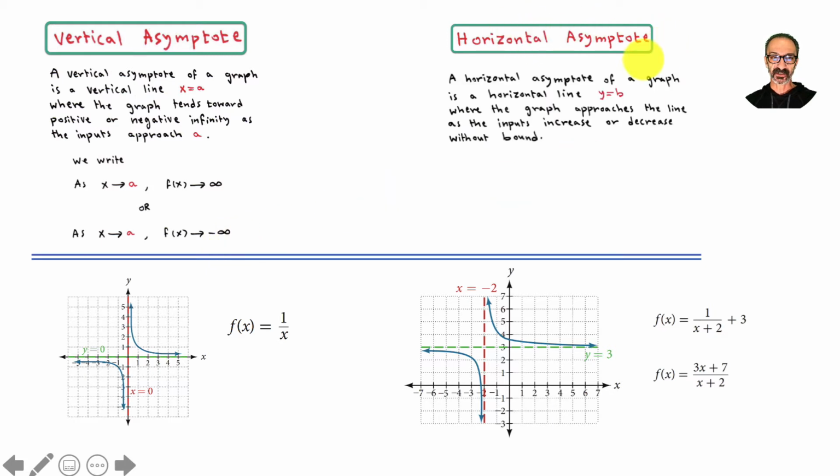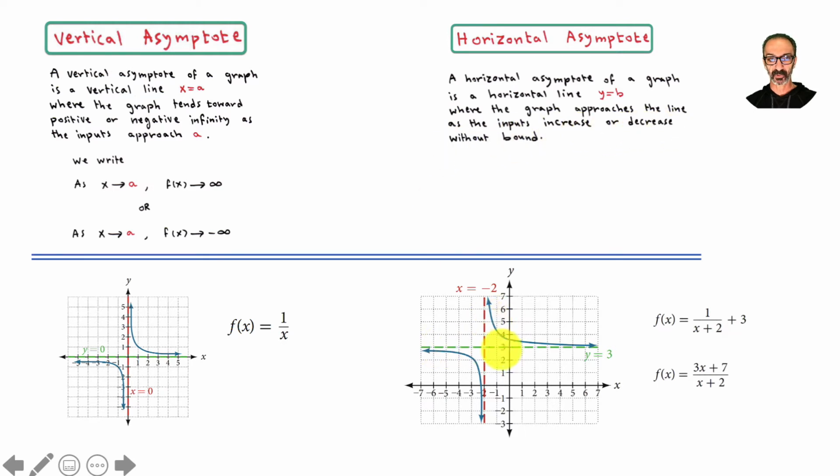Looking at the horizontal asymptotes, this is a horizontal asymptote which is called y equals 0. This is a horizontal asymptote which is called y equals 3, the dashed green line. A horizontal asymptote of a graph is a horizontal line like y equals b, in this case y equals 3, where the graph approaches the line as the inputs increase or decrease without bound.